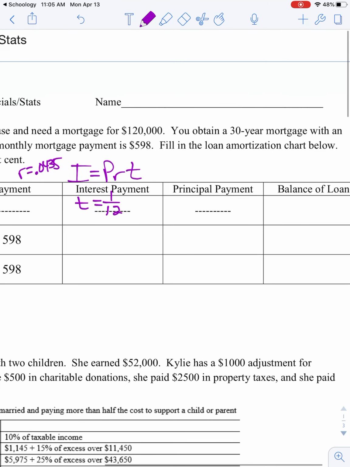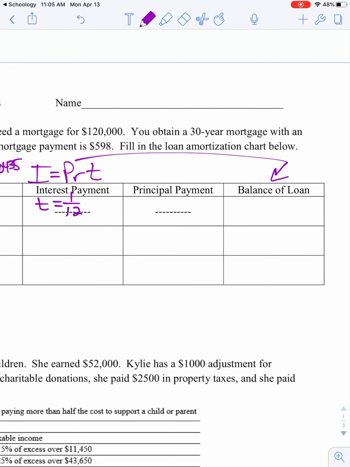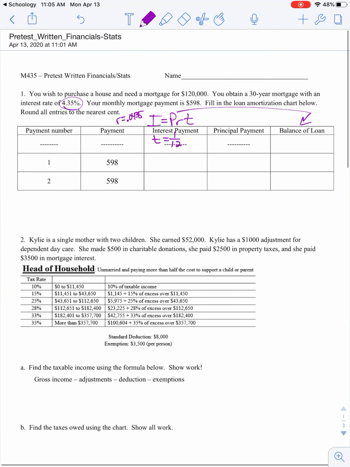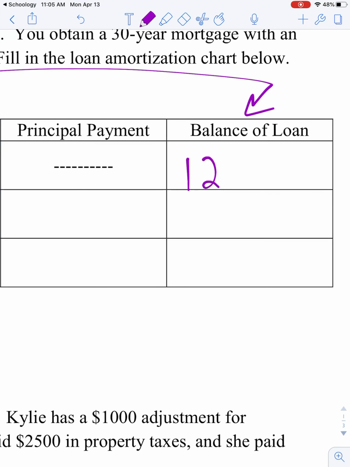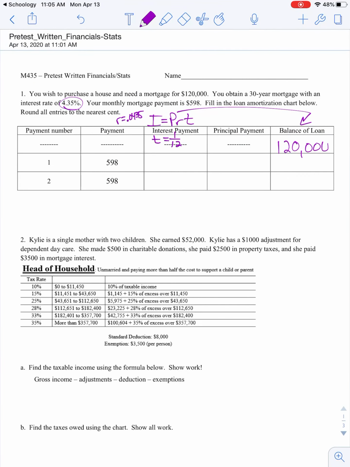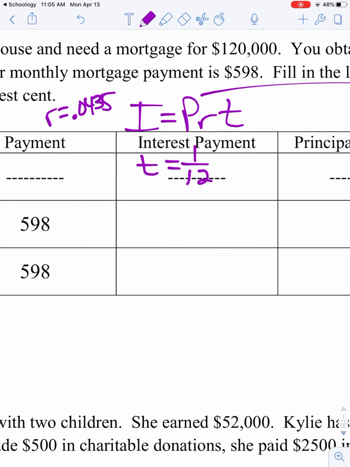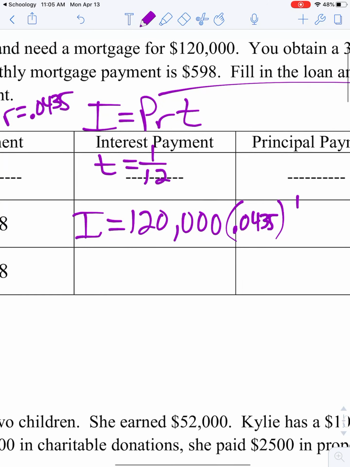And your P value, your principal, remember, is always the balance of the loan. So that's what's going to change each time. Okay, so originally here, the balance of the loan is $120,000 because that's what you take the mortgage out for. So when you do your first interest payment here, it's going to be 120,000 times 0.0435 times the 1/12.